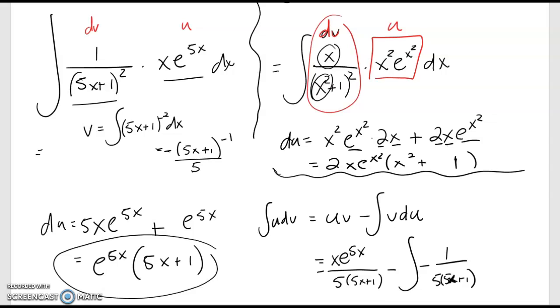I just didn't do the rest of it, but e to the 5x times 5x plus 1, and now I'm in good shape, right? So this will be a plus in the end, and that's part of my result, and this is easy to integrate. Okay, so I hope that helps, but if you got questions, let me know.